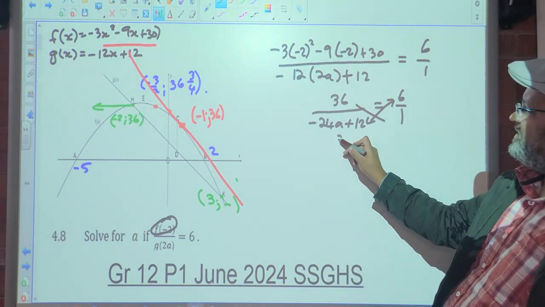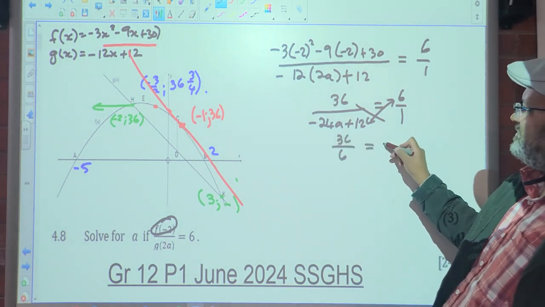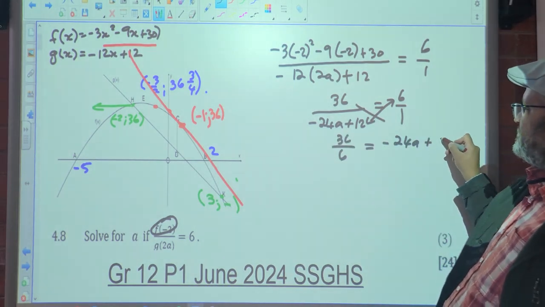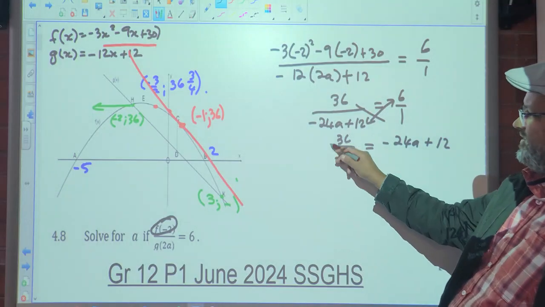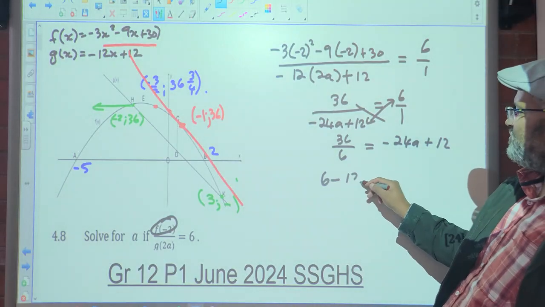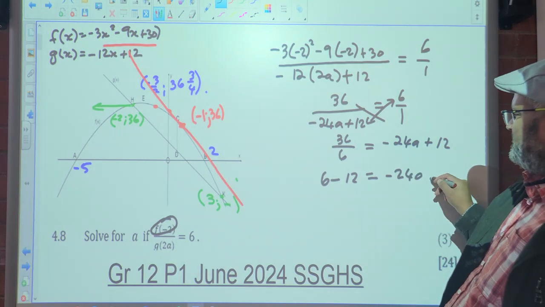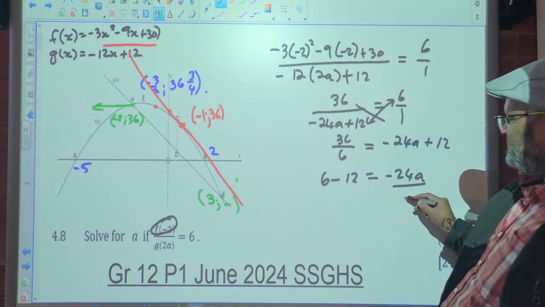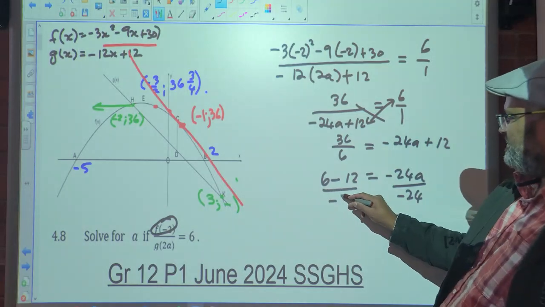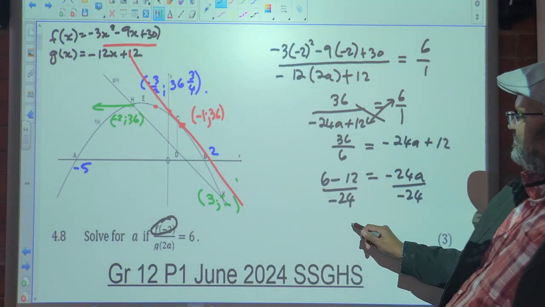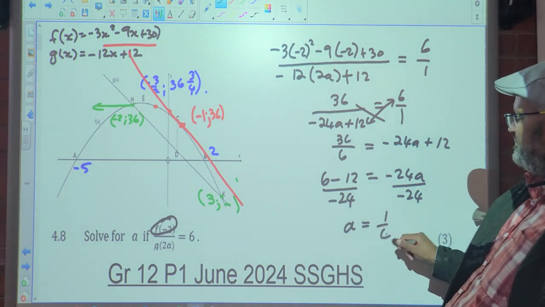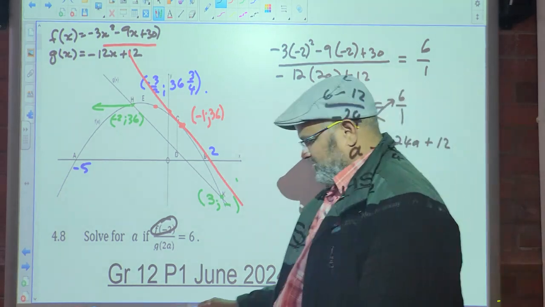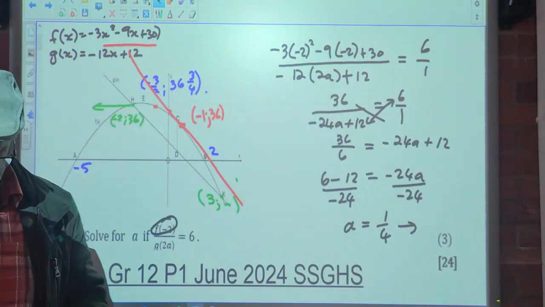So it's 36 over 6 is equal to -24a + 12. So that's going to give you 6. And 6 - 12 is equal to -24a. 6 - 12 is -6. So -6 divided by -24 gives me an answer of a quarter. So a will be a quarter.